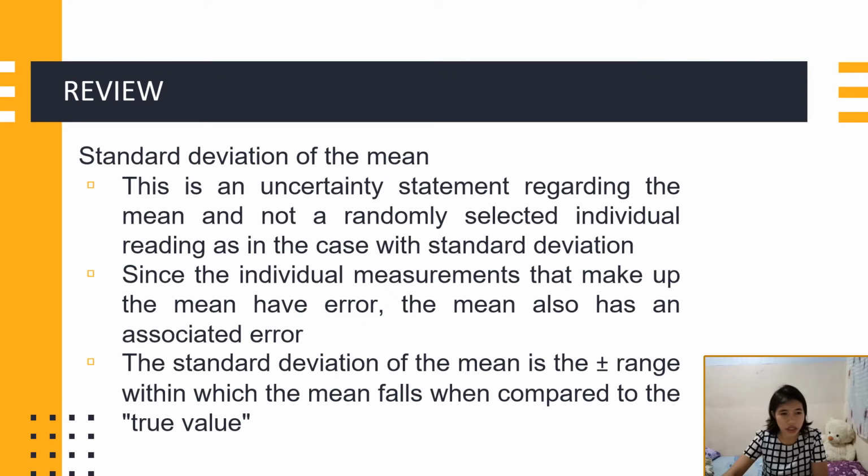We also discussed the standard deviation of the mean. This is an uncertainty statement regarding the mean and not on a randomly selected individual reading. Since the individual measurements that make up the mean, from 1 to 10, those 10 measurements have an error, our mean also has an error.